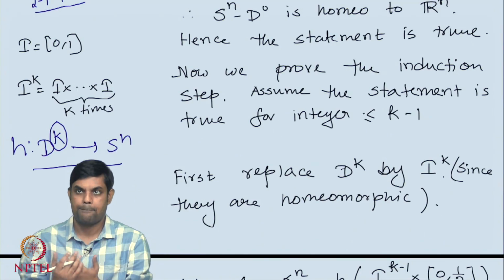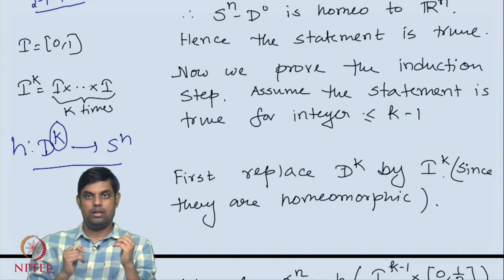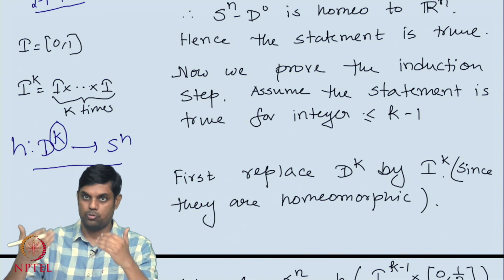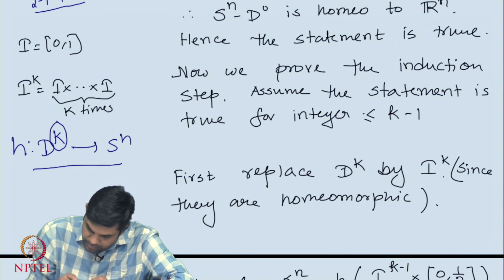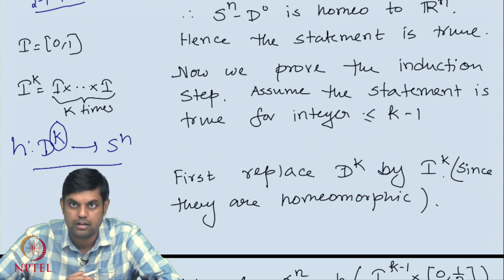So, the first step is to replace the k-dimensional closed ball with the k-dimensional cube, replacing D^k with I^k. So, what is I^k?